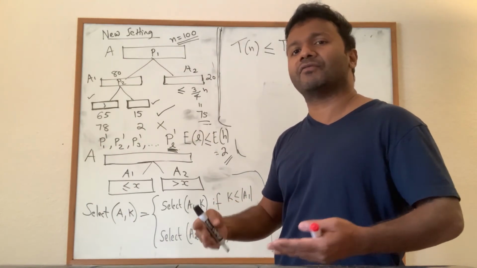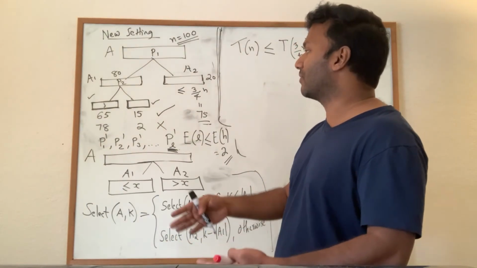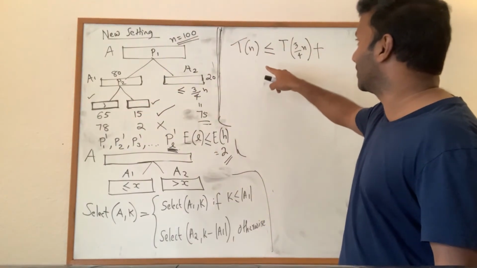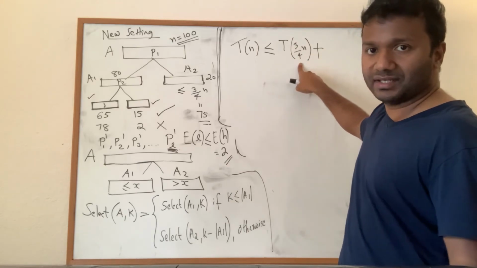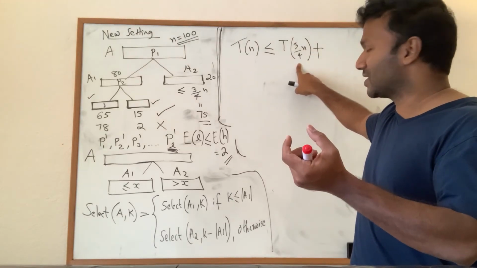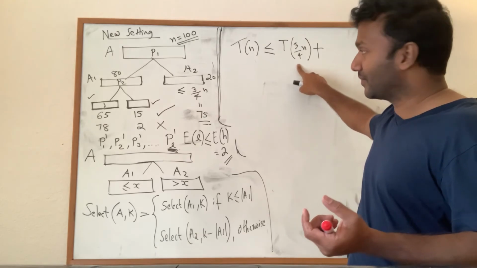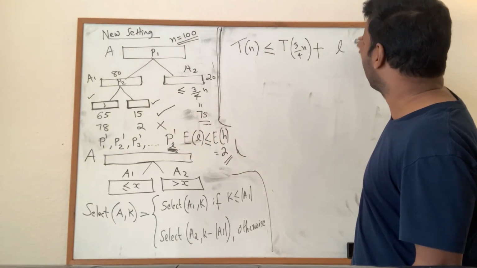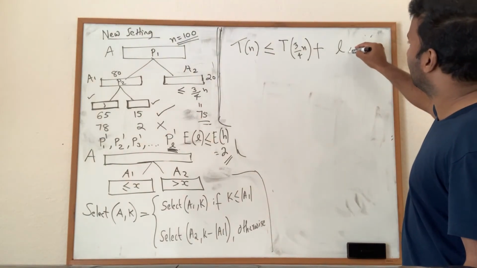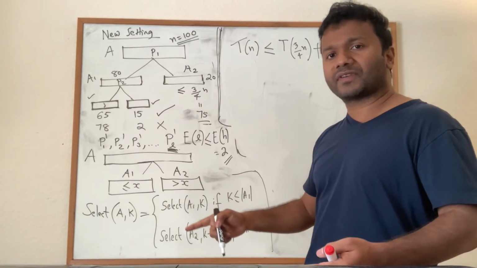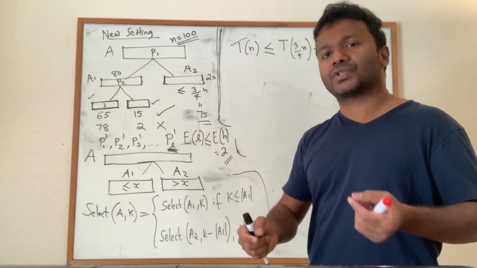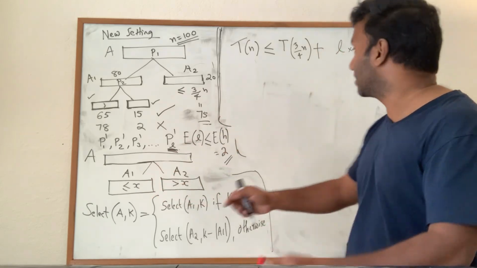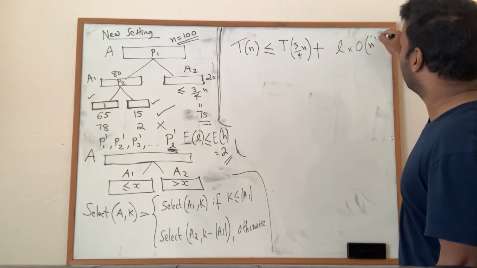Essentially, this is a divide and conquer strategy, right? So the number of divisions you need to perform so that you will reach a subarray of small enough size is roughly L times, where L is the number of trials, and each trial will cost you a linear amount of time, right? Because once I find a pivot, I have to make a split. So L times O(n).